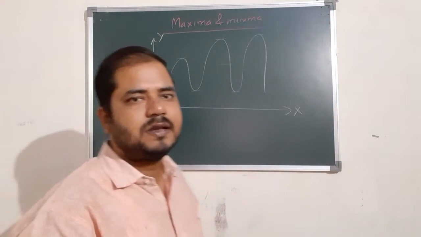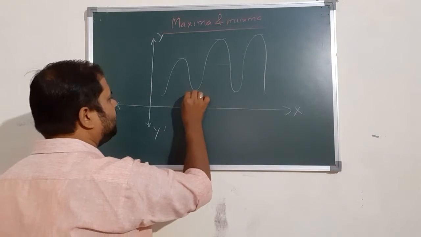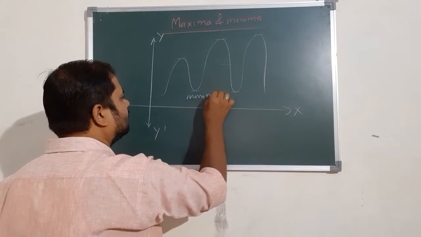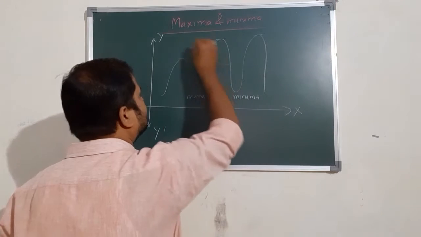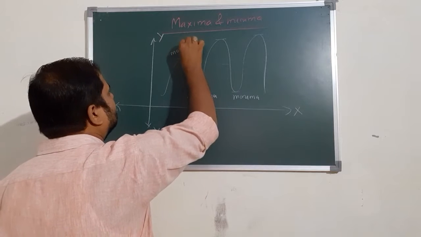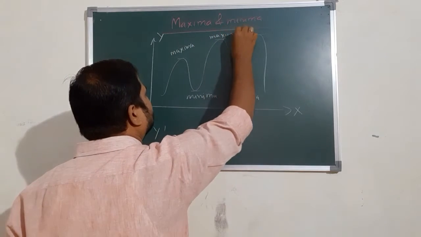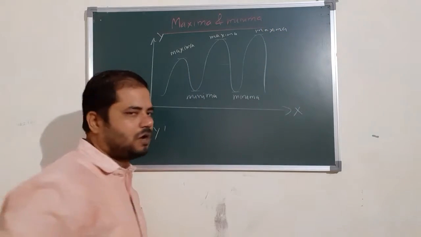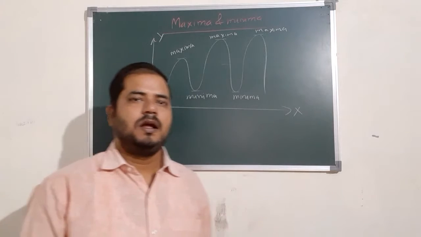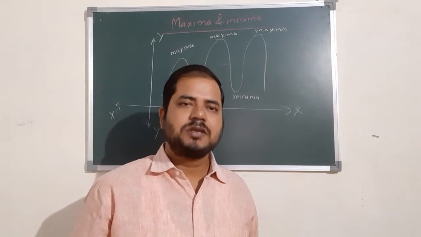So a particular function has so many maxima and minima. So we shall discuss the local maxima and local minima, and what is the concept of local maxima and local minima.